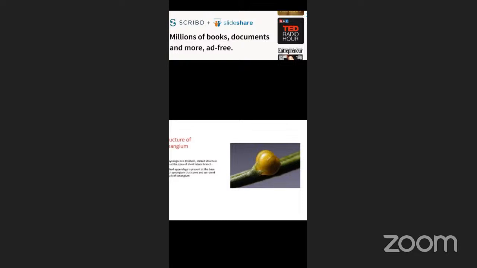There are the sporophylls, the short lateral branches which bear these sporangia, these synangia. The synangium is externally trilobed.